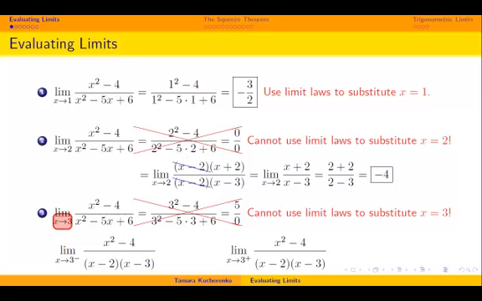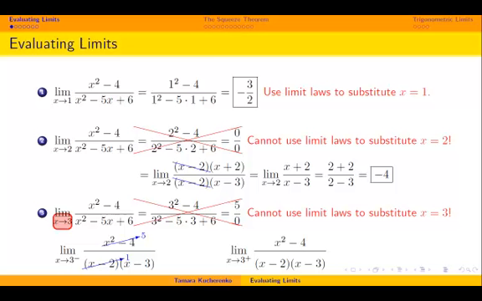Here we factored out the denominator to get to the answer quicker. When x approaches 3 from the left, the numerator x squared minus 4 tends to 5, and in the denominator x minus 2 approaches 1.